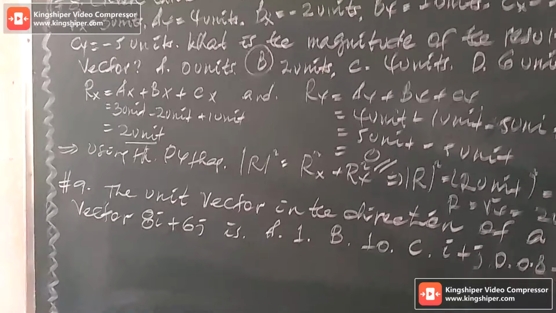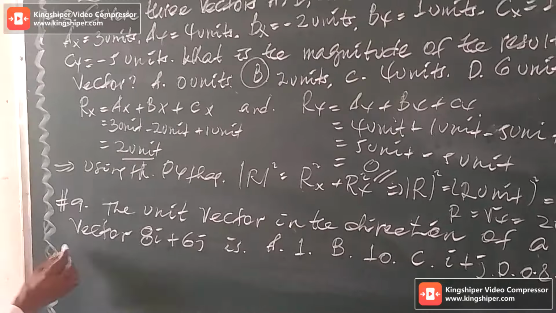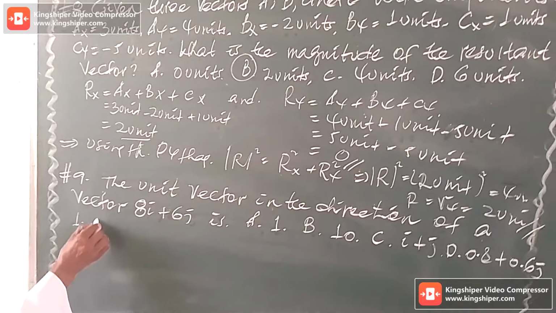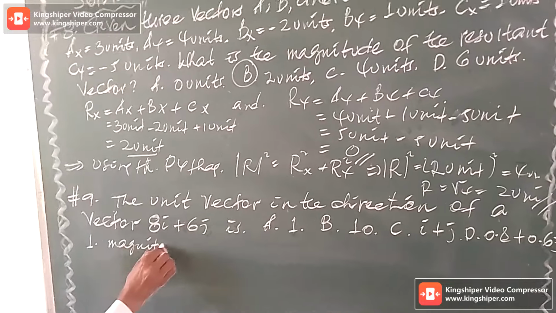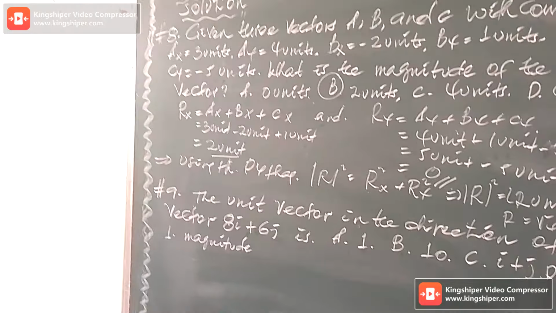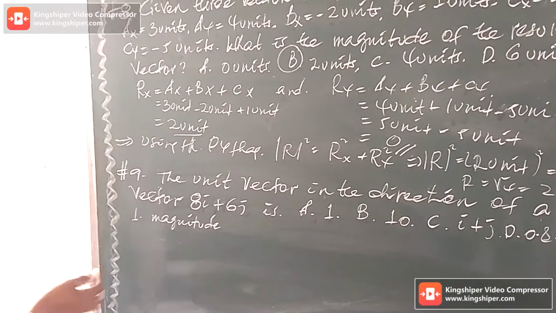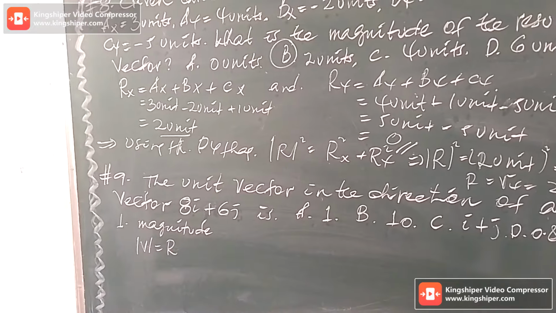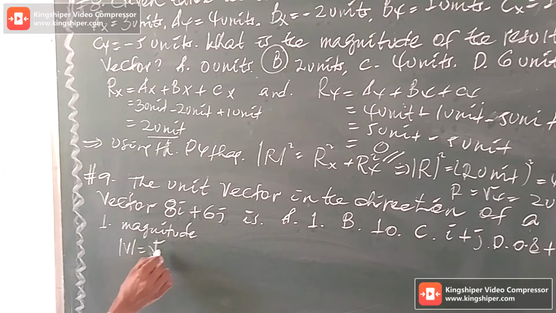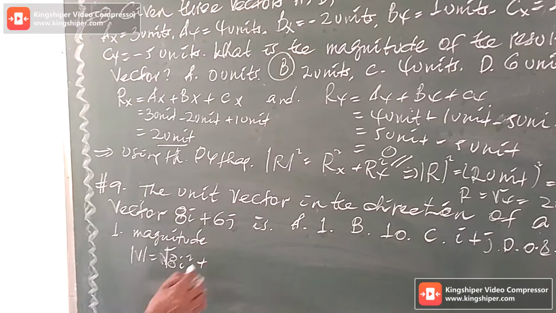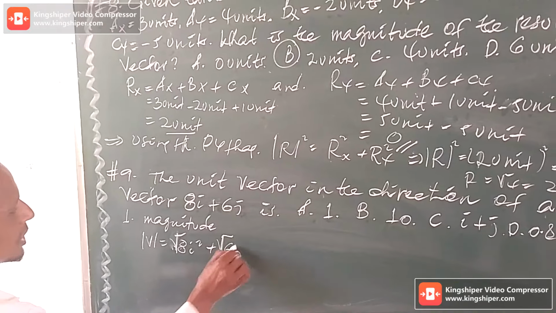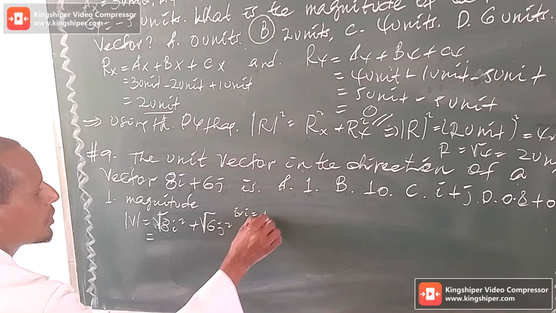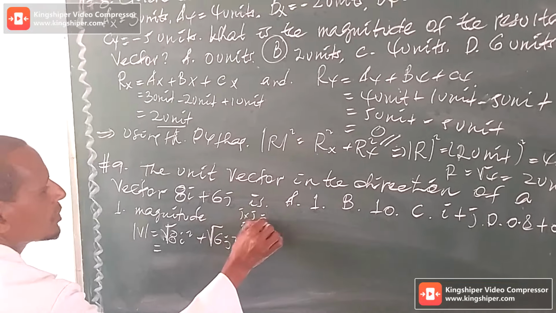From the given, first we have to get the magnitude. Magnitude of the given vector, which is the absolute value of c, is equal to the square root of 8 i direction plus 6j direction, where i times i is equal to 1, j times j is equal to 1.